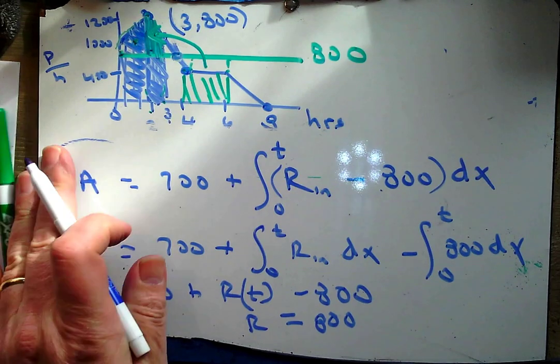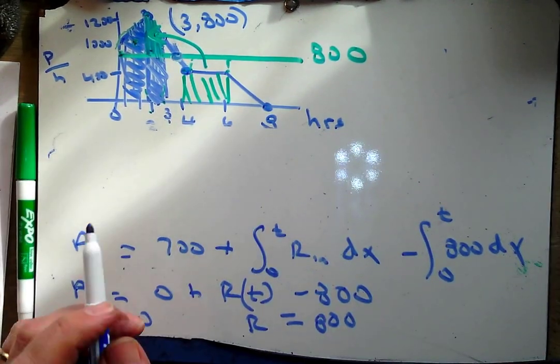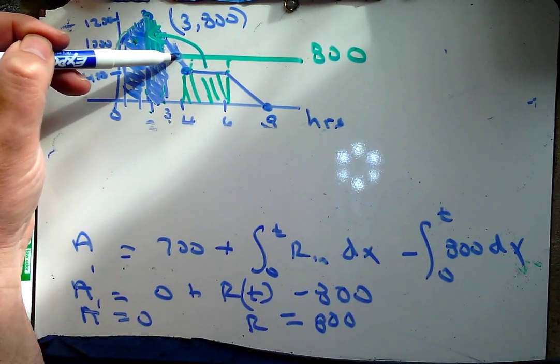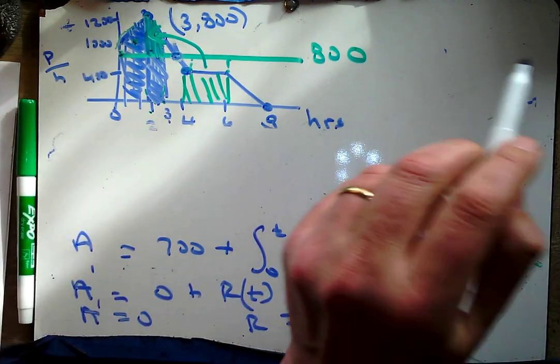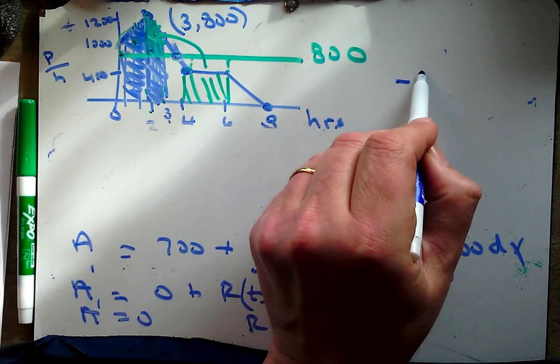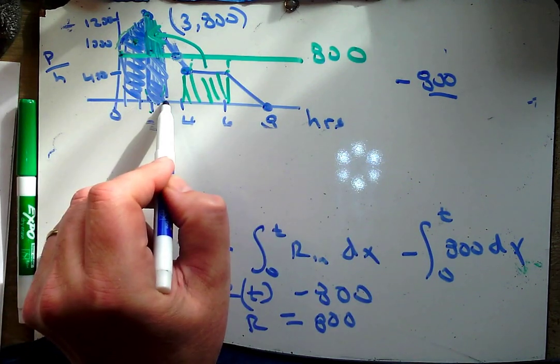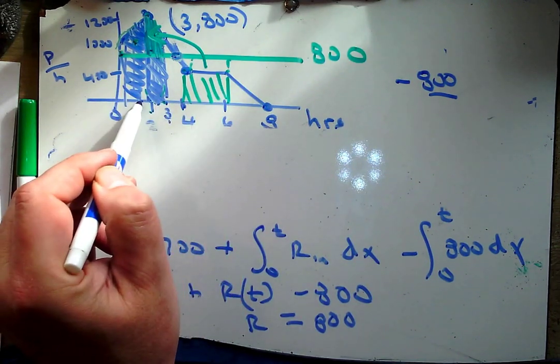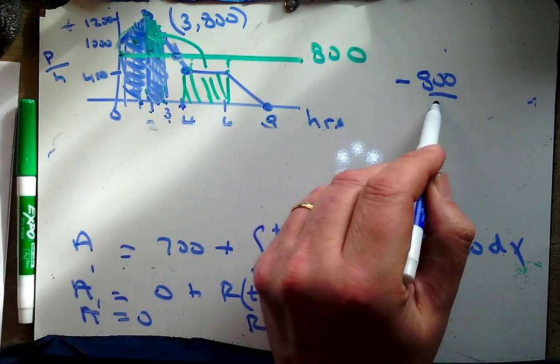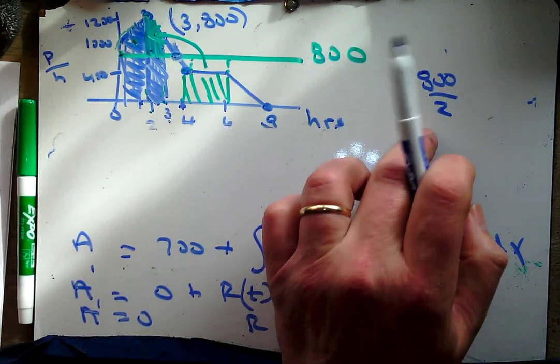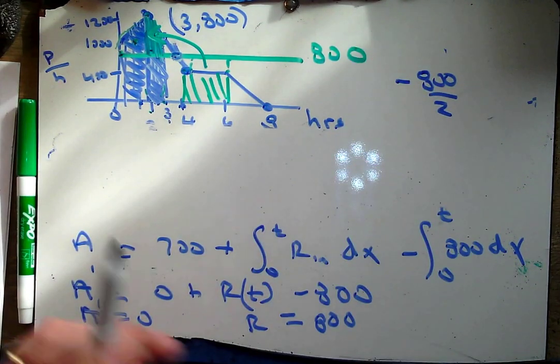Okay, so how do I find that? Well, that's on this line again. What was that line? Didn't we go down 800 in 2? Oh, I think my original equation of the line was not right.